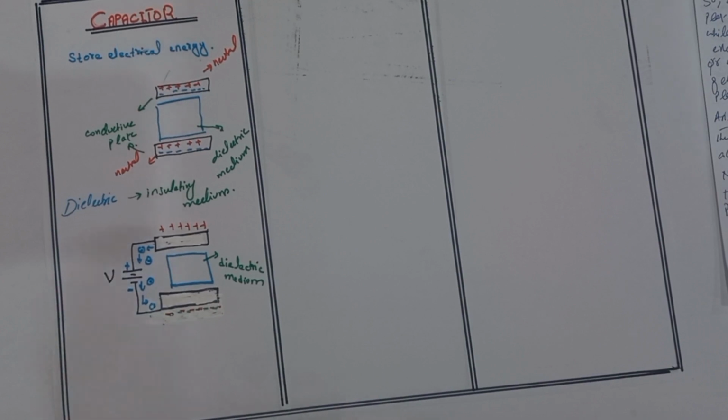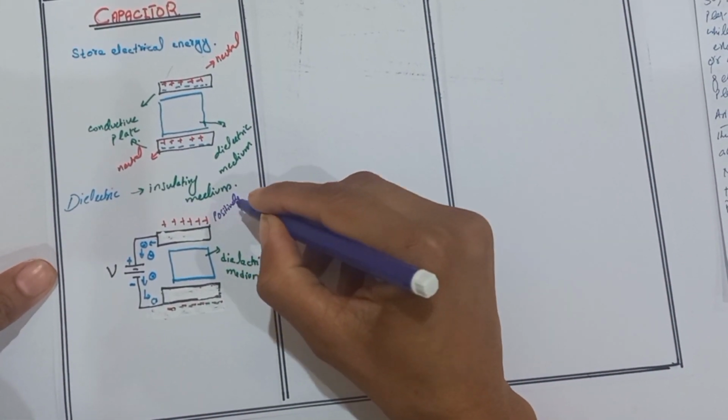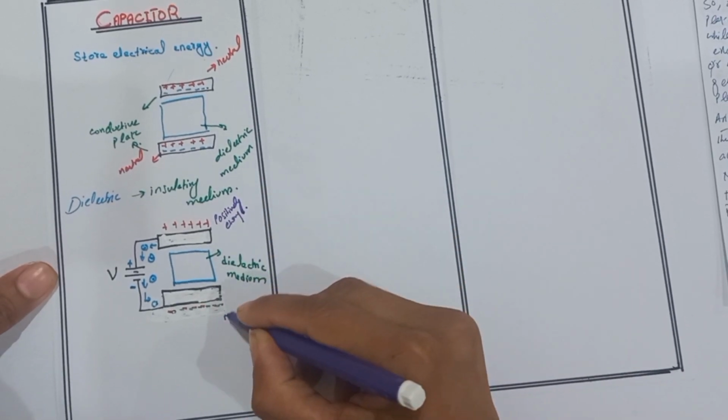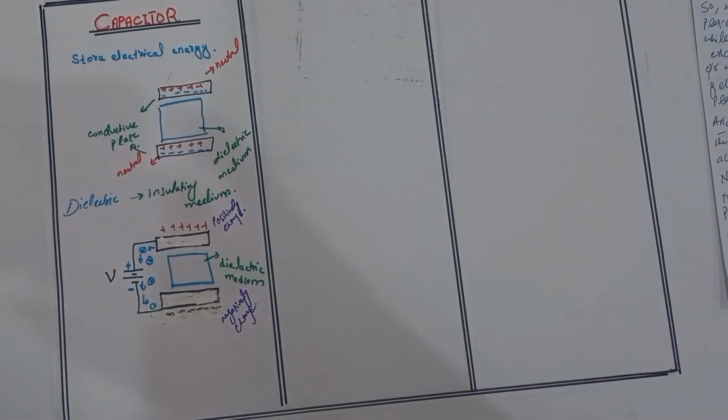So this is the positively charged plate, and this is the negatively charged plate.